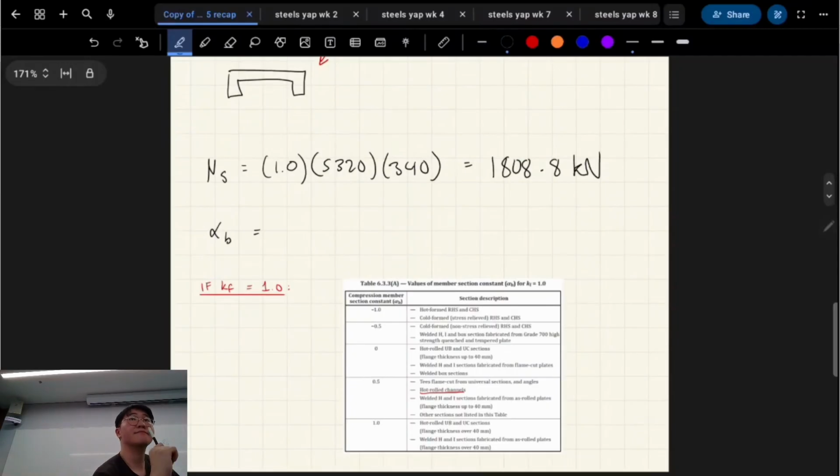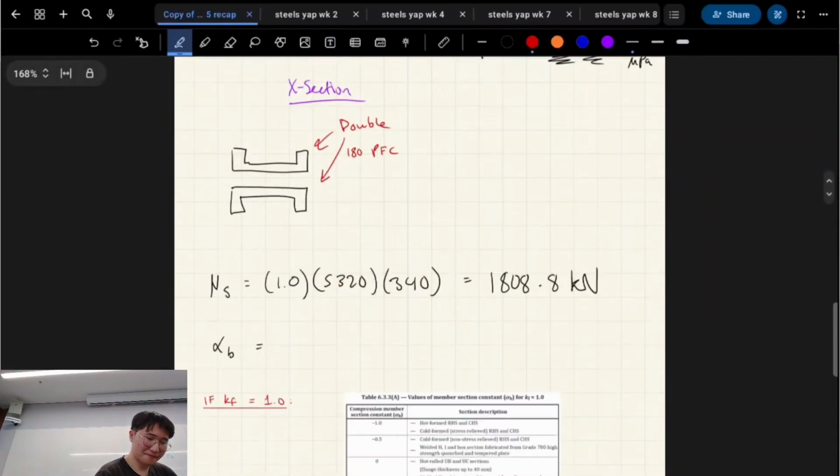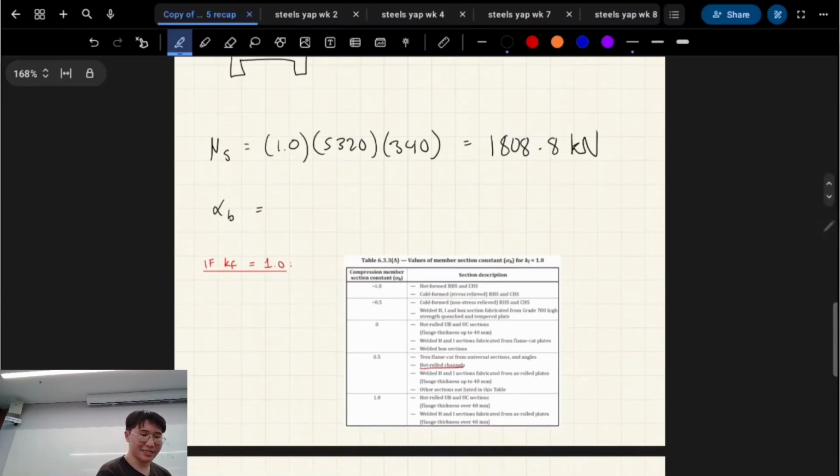Is that 5320 after you multiply it by 2? Yes. This one, yeah. So that's for 180 PFC. That's for 2 180 PFCs. Yeah. So that's section capacity done, right?